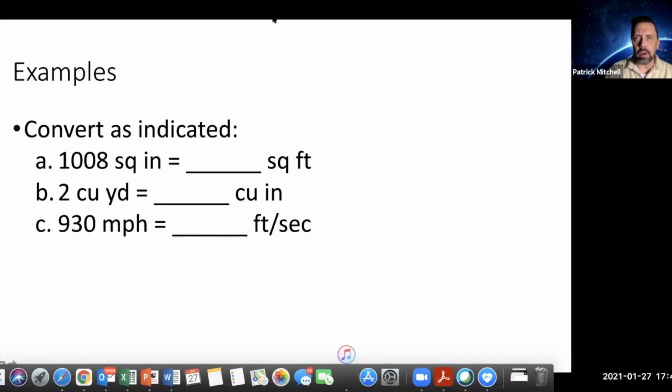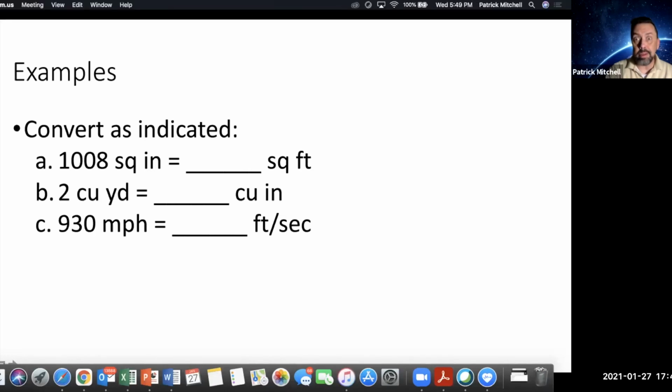Let me show you how it works. And again, hopefully you nursing majors especially will really appreciate this because in your work, you have to do a lot of unit conversions. Not so much with yards and feet and inches, but cubic centimeters, and stuff for measuring out medicine.